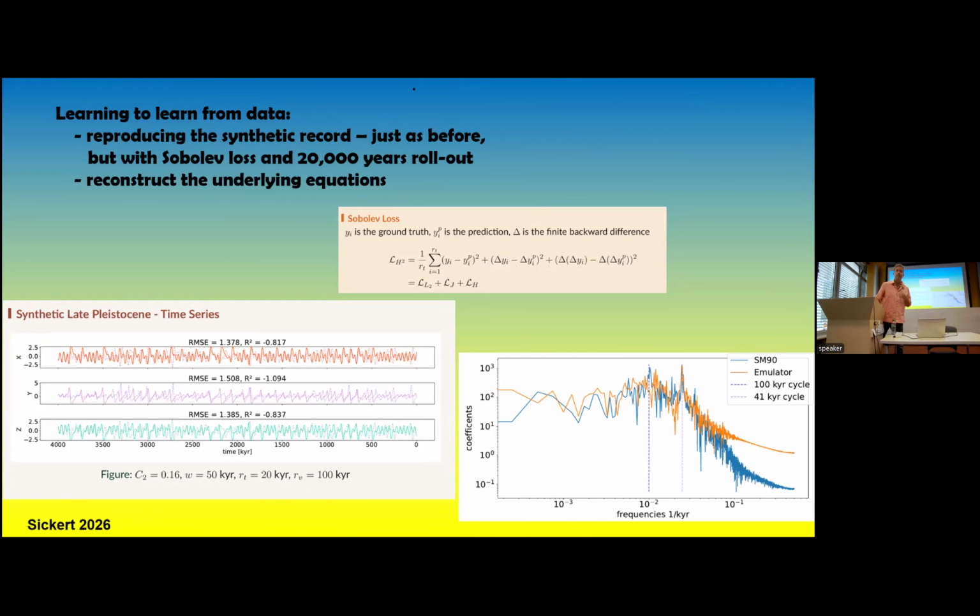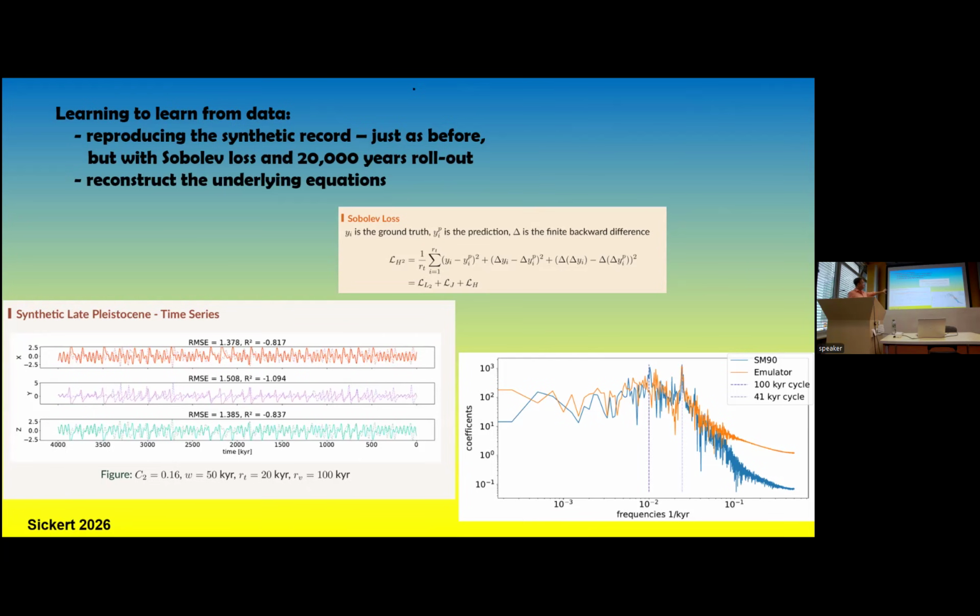Why is it that your emulator doesn't get these really high frequencies? It looks like your emulator is not really getting them, right? There's a clear mismatch between the blue and the orange. Yes, because there we have to add noise in the learning procedure. I only highlighted two of the things that we have to do on top of what Shifan has been doing.